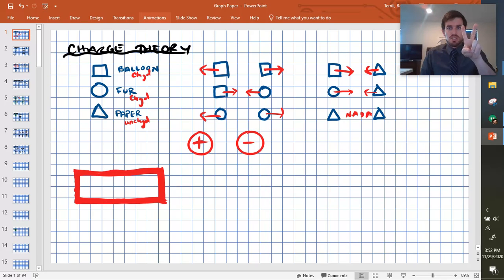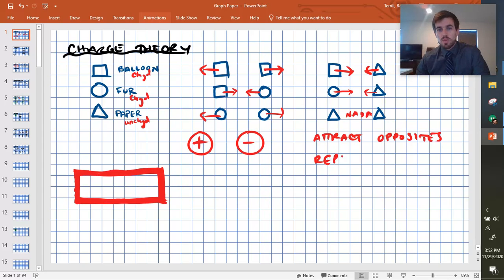So we have two charges, and they will repel if they have the same charge, or attract if they have different charges. We've got to write that down: we attract when we have opposites, and we repel when we have the same. And then the uncharged attracts to charges.